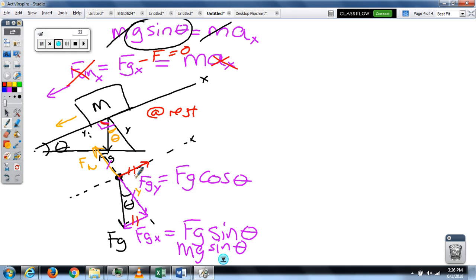So again, what force provides that pushback? No other culprit but friction. So what is friction equal to? Friction is equal to mg sine theta, because they're balanced.